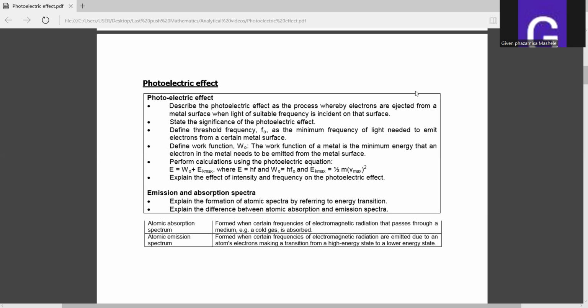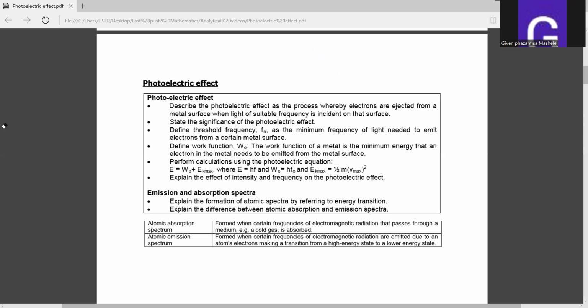We went through the photoelectric effect, in terms of its definition. We went through the significance of the photoelectric effect: if the frequency of light is less than the cutoff, no electrons will be ejected. But if it's exactly equal, they will be ejected at zero kinetic energy. Then if it's bigger, they will be ejected with maximum kinetic energy.